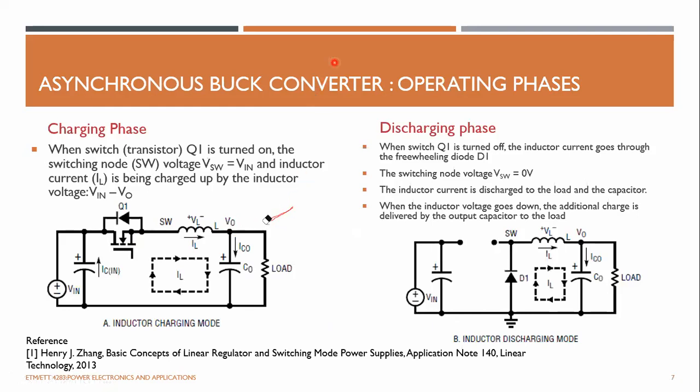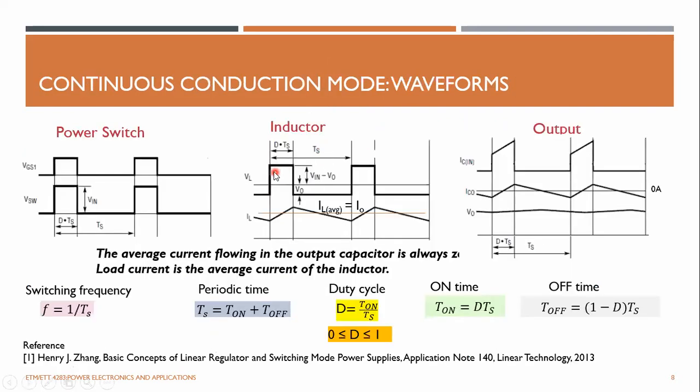So here, when the switch is on, the switch node voltage becomes the power supply voltage, and the output voltage is V out. So the inductor voltage is V in minus V out. So this is that inductor voltage. The inductor voltage is positive, so it enables ramping up its current.